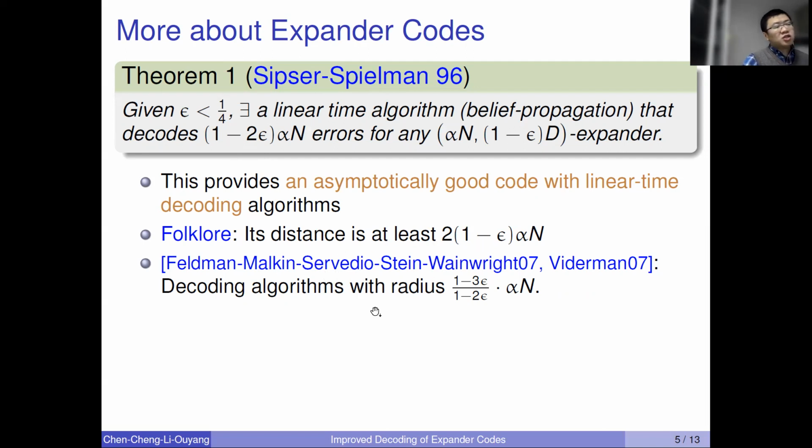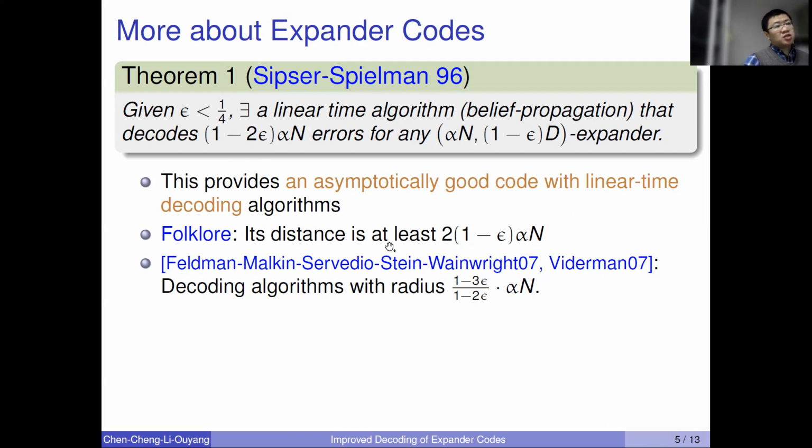Okay, so then there are some previous works by Feldman, Malkin, Servedio, Stein, Wainwright, and Viderman separately that provide decoding algorithms with a better radius, (1 minus 3 epsilon) over (1 minus 2 epsilon) times alpha.